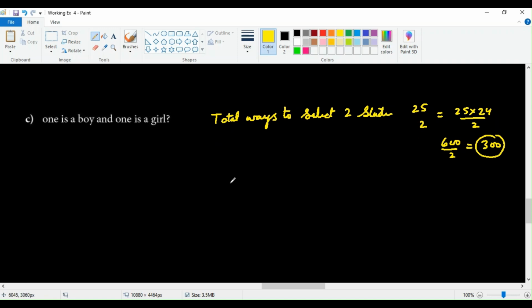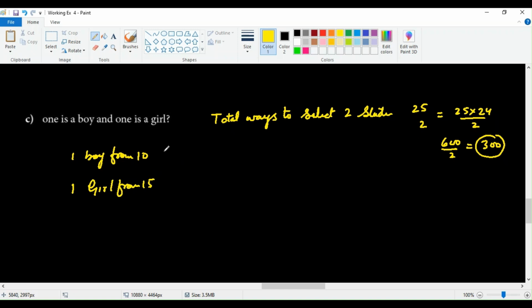Now in here it says favorable outcome is one boy from 10 and one girl from 15.